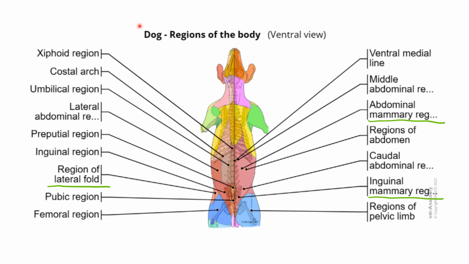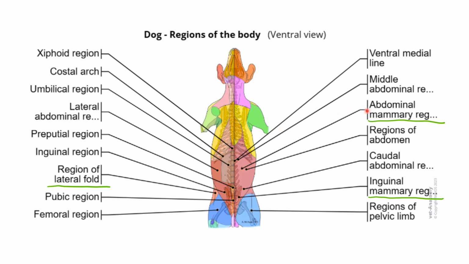Again, for the last time, just a different perspective, the ventral view, region of the lateral fold. Again, how I mentioned, it's just a flap of skin that connects the abdominal skin to the hind leg. Then the abdominal mammary gland region, which is right here.